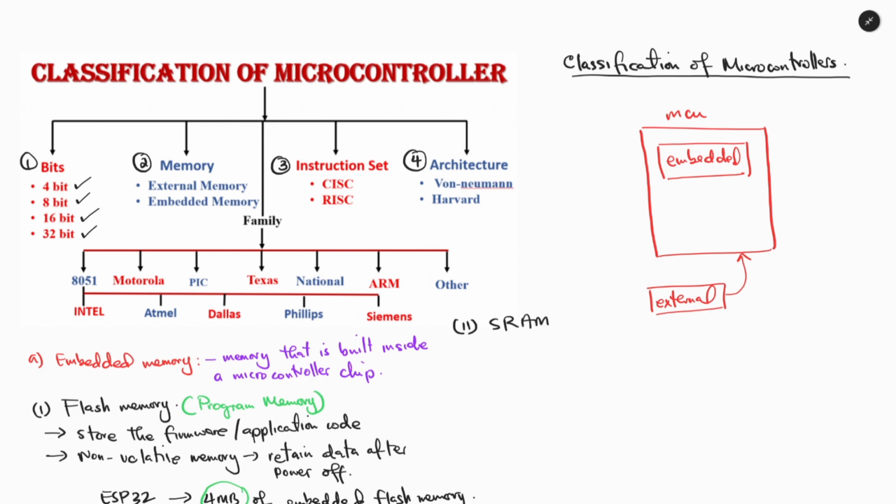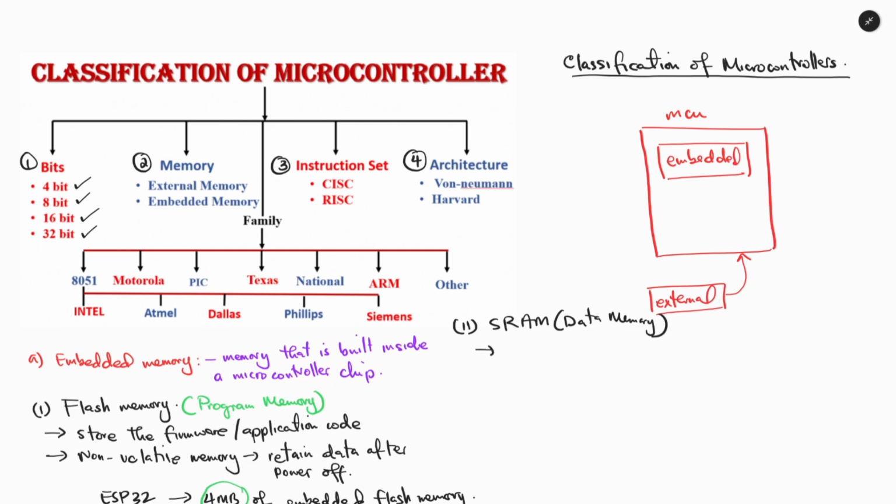And the other memory is known as the SRAM. This type of memory is known as a data memory. When we look at the static RAM, we know that RAM is nothing but random access memory, and this type of memory will hold data temporarily.